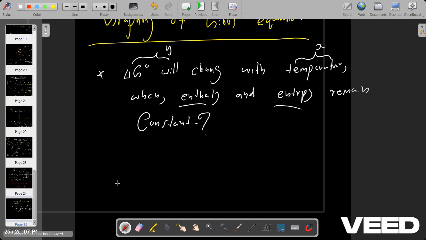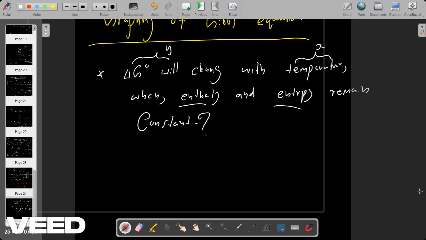You can assume it's an endothermic reaction, and the entropy change in the system is positive. Delta S is positive.